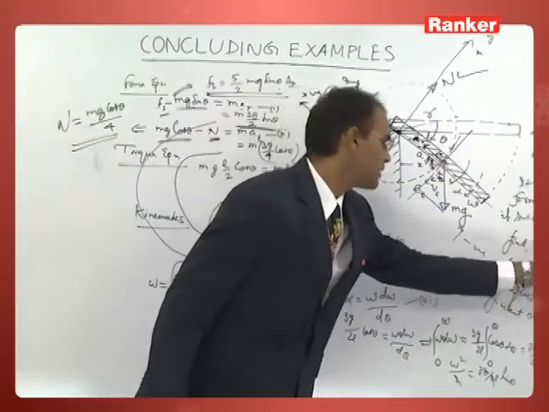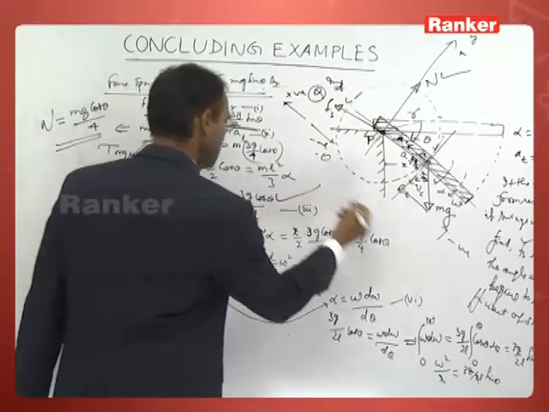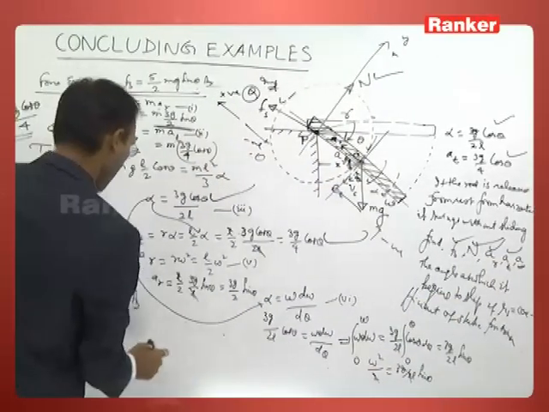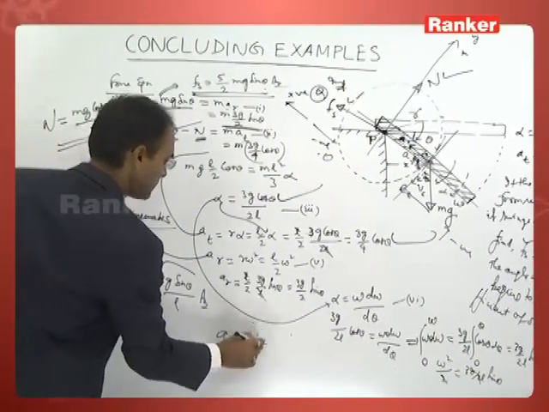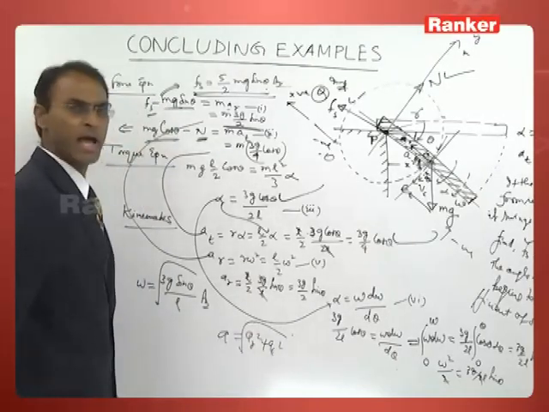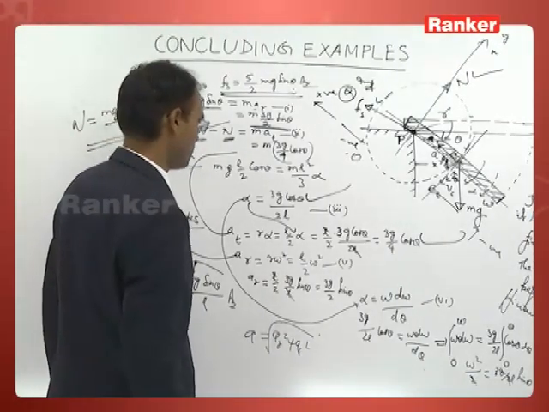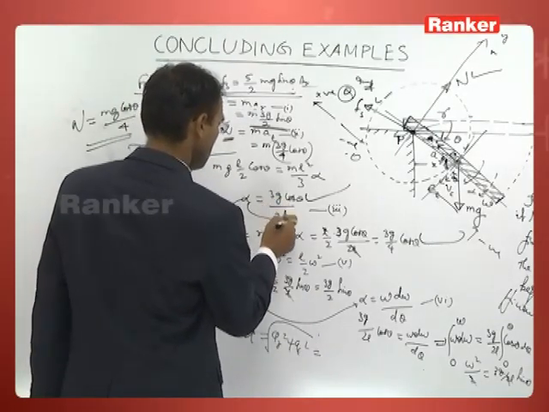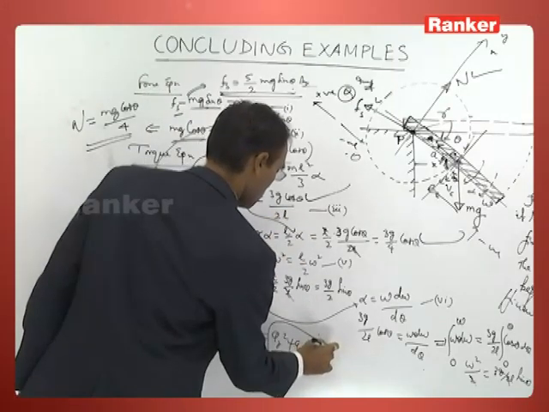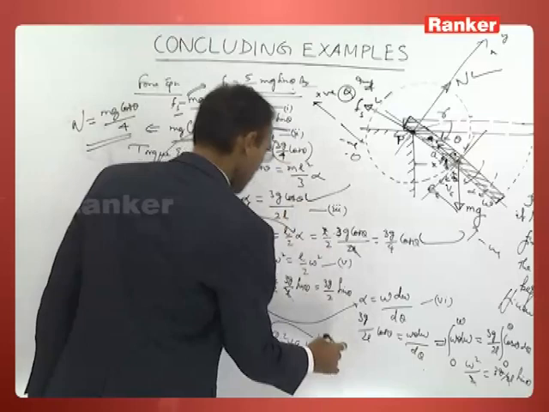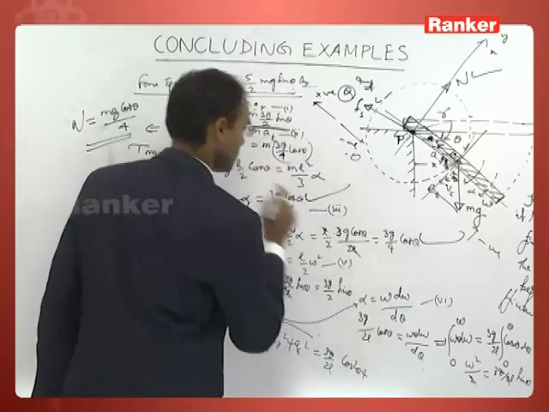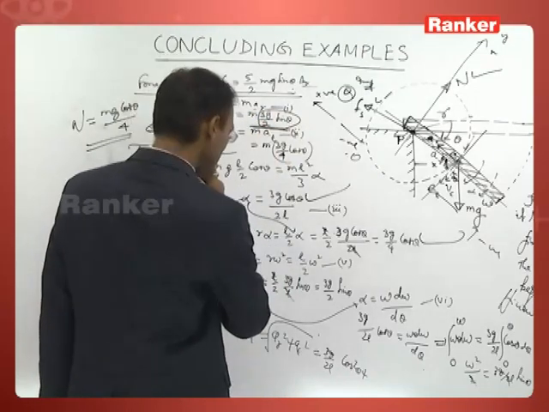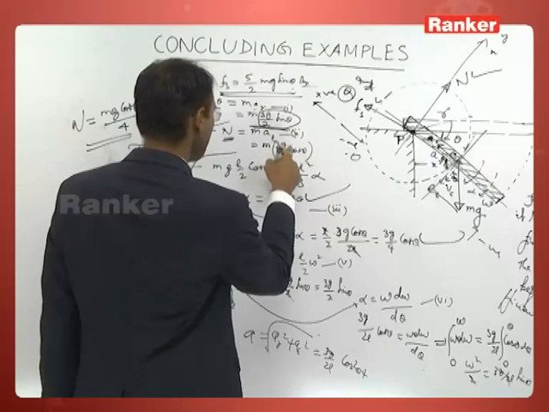So other things you can calculate very easily. Already you have calculated AR and AT, and A will be equal to the square root of AR square plus AT square because they are perpendicular to each other. AR is 3g by 2 sin theta and AT is 3g by 4 cos theta.